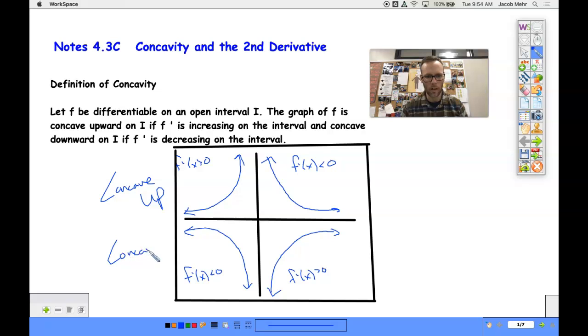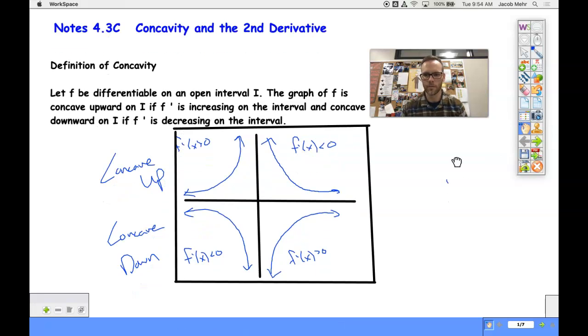Bottom row, concave down. All right, so don't mind me. Here we go, back to the definition. If f prime is increasing, then it's concave up.